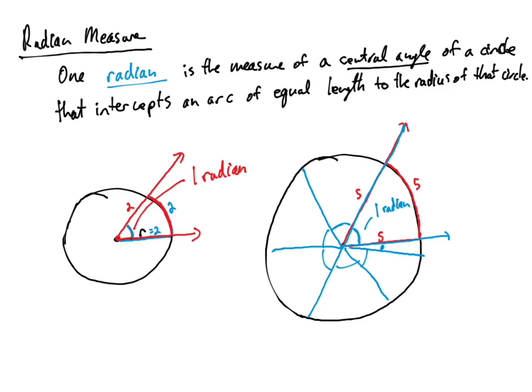We'll see how this relates to degree measure. It looks like, and this is a very scientific definition, a bit more than 6 radians in a circle.